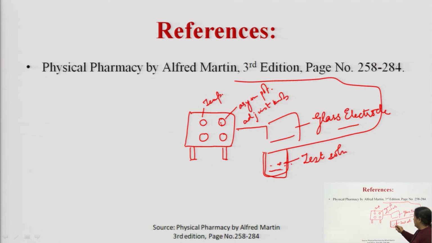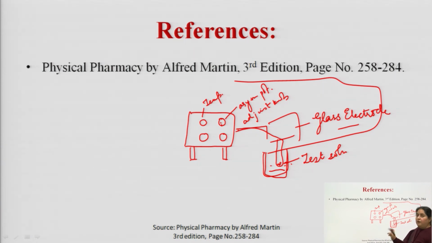This is a beaker and we take a test solution in it and we put the glass electrode here and it is attached to the pH meter. If this glass electrode is attached to the pH meter, then the circuit is complete and the pH of the particular solution can be determined. So, how has it to be determined?